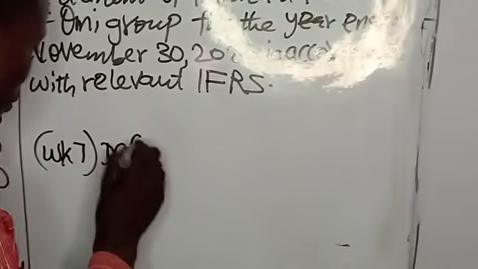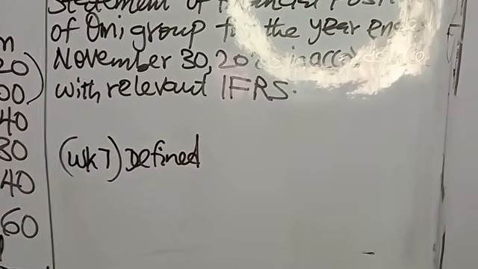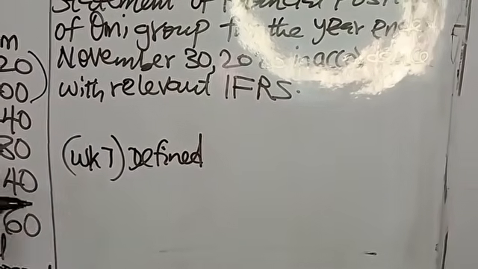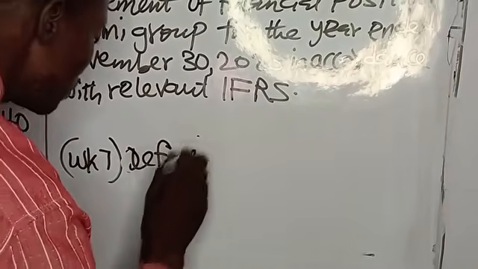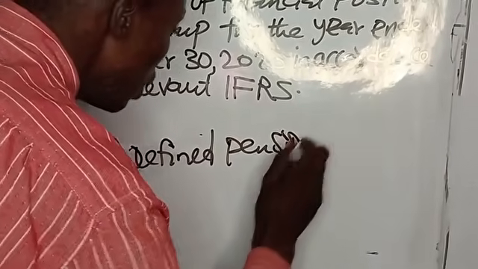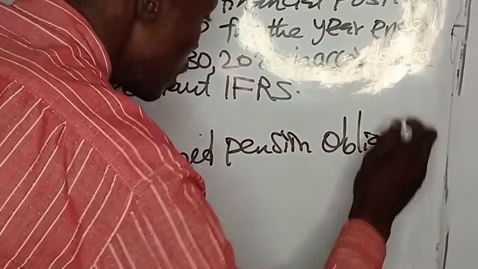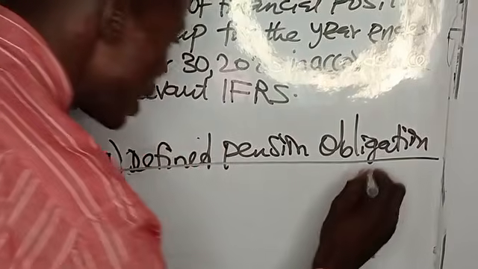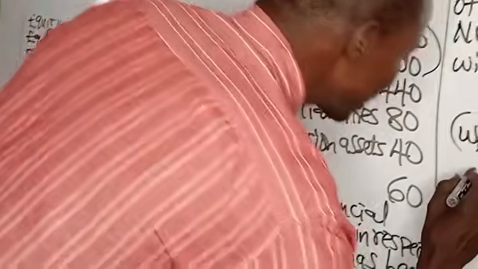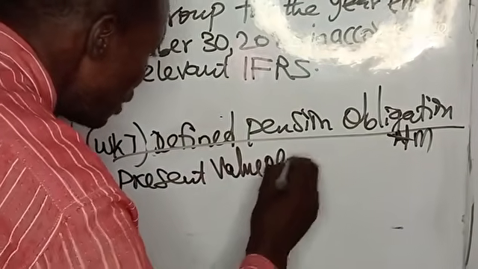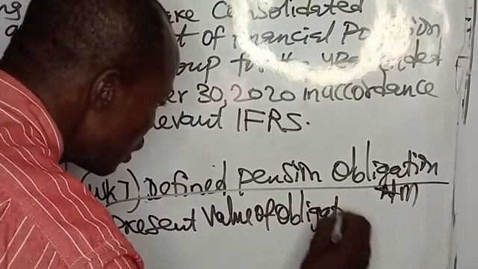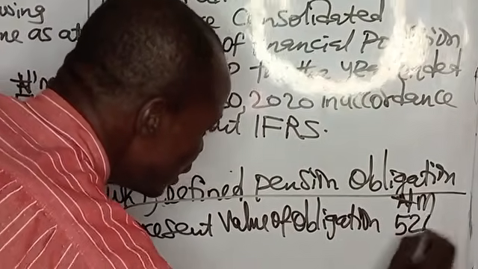Working 7, defined pension obligation. You are given the present value of obligation, 520.